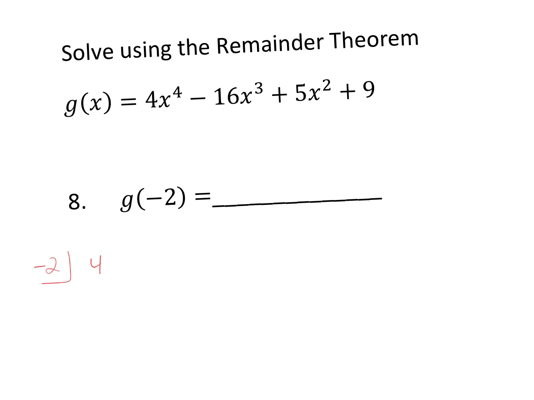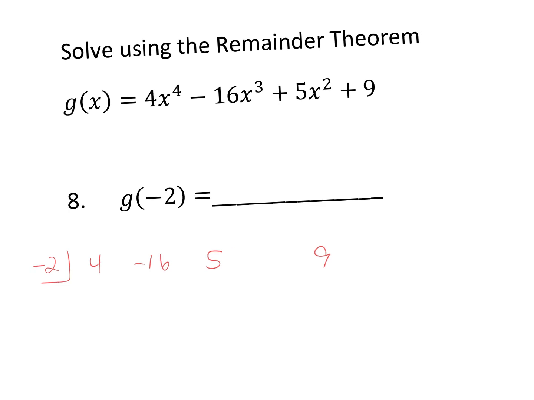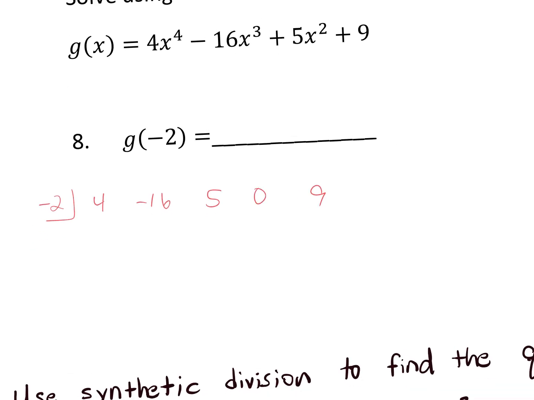What's the coefficient of x cubed? Negative 16. So then I go 5 and then 9, right? Do I just leave it just like that? Why not? Have to add the 0. I have to put a 0 in for x. If you guys don't do that, your whole problem is wrong. You have to account for every single piece, because if not, your coefficients get off.